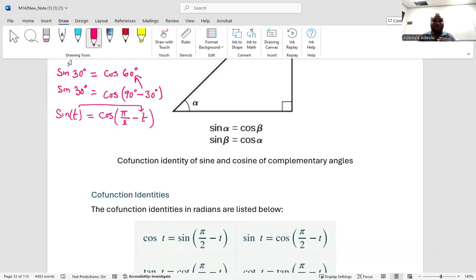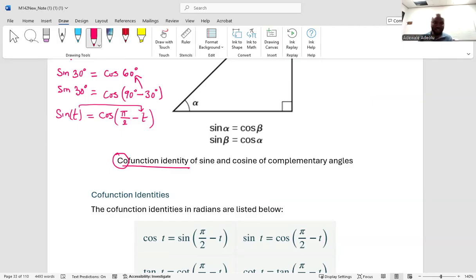So then we come about what we call the cofunction identity. What does it mean? The prefix there, co, that is together. They are together, right? So cofunction: sine, cosine.